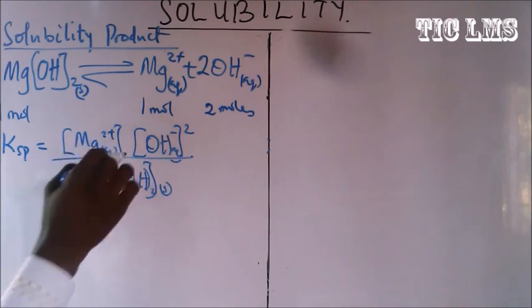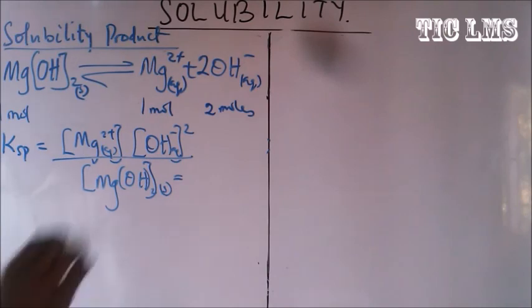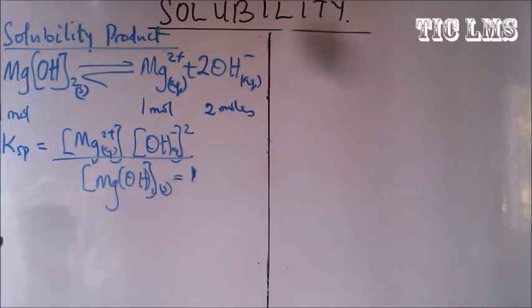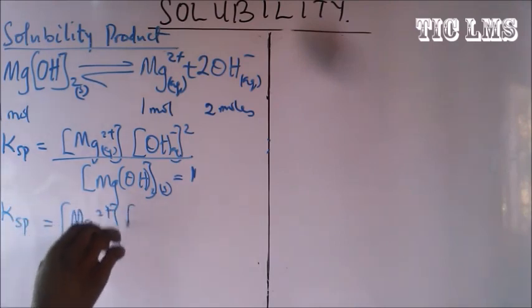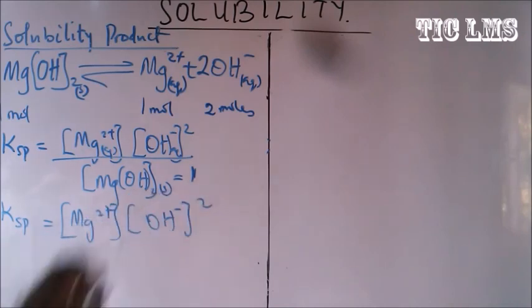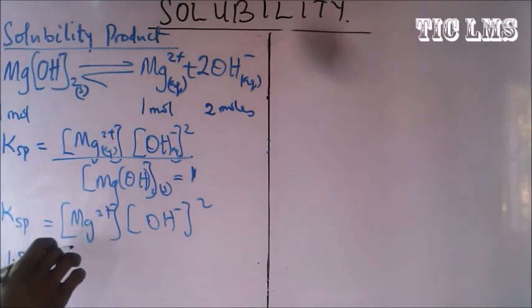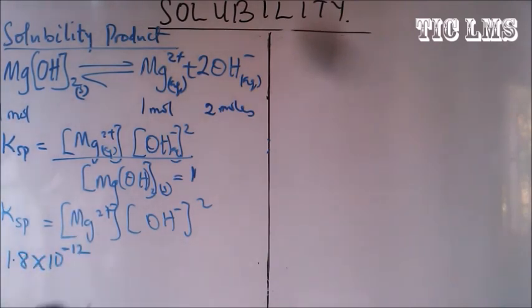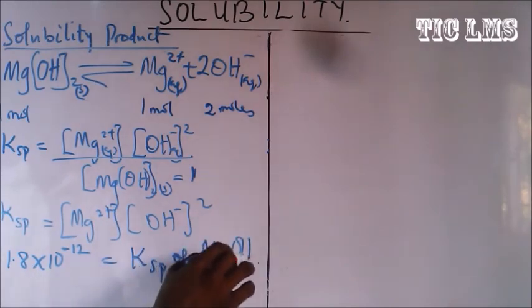Since the concentration of magnesium hydroxide is 1, we'll take this out, and we'll be left with the solubility product constant equal to Mg2 plus times OH minus squared. We're given the solubility product constant as 1.8 times 10 to the power minus 12. That is what we're given as the Ksp of magnesium hydroxide.